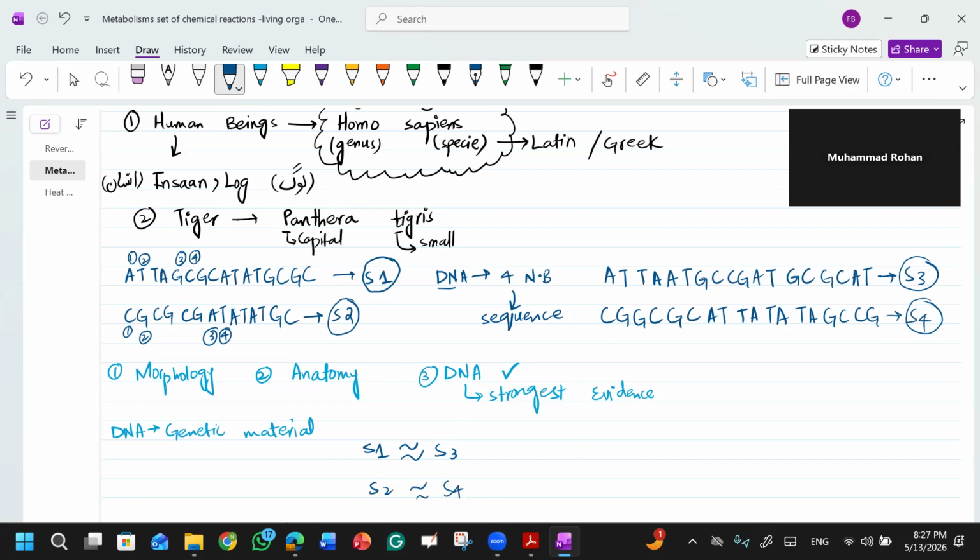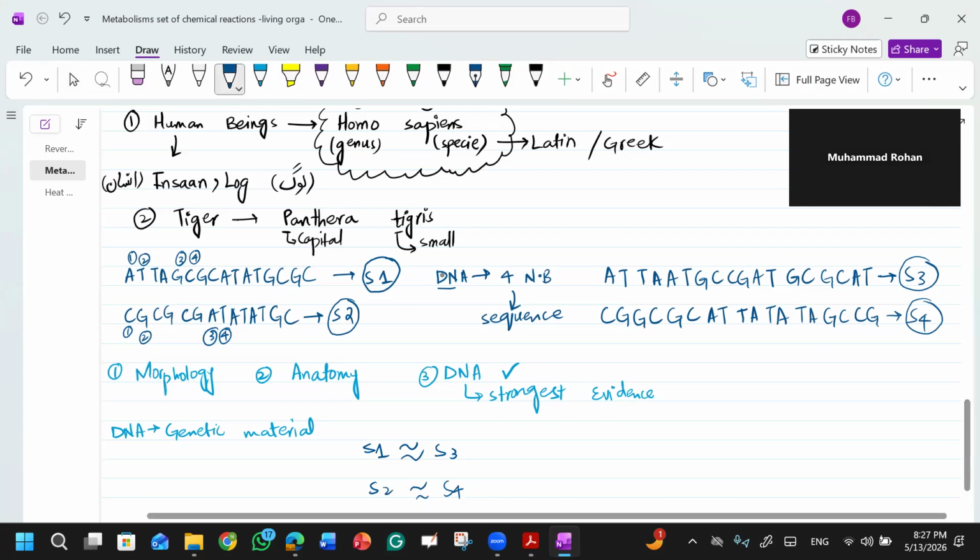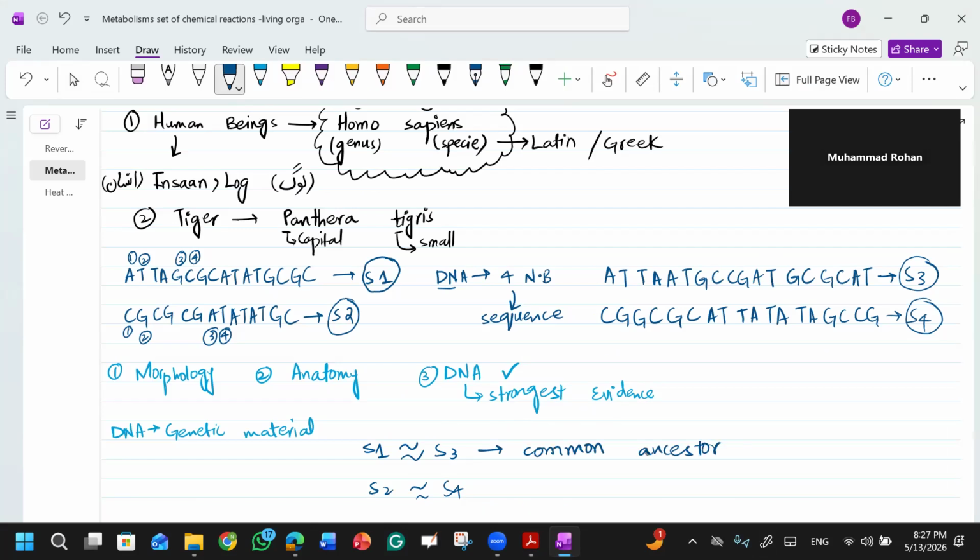They are not the same, they just resemble each other. This is what they have mentioned here: species that have more similar base sequences in DNA will share a common ancestor. So we will say species 1 and species 3 will share a common ancestor, and S2 and S4 will share a common ancestor.